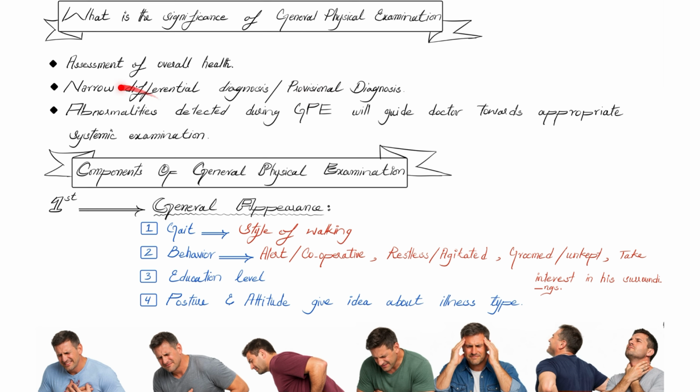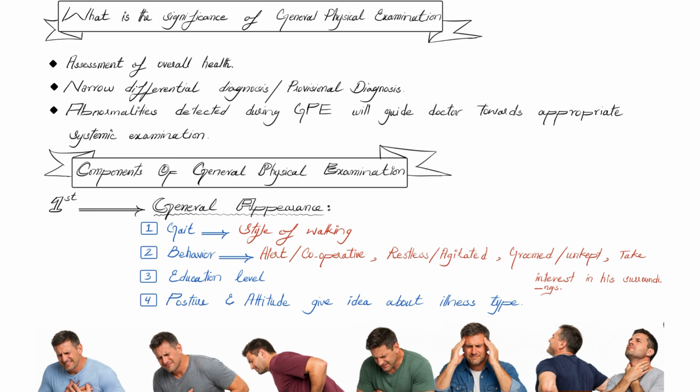The abnormalities detected during general physical examination will guide a doctor towards appropriate systemic examination, because we don't perform all the systemic examinations on every patient. We select an appropriate systemic examination on the basis of abnormalities that we have found during general physical examination.